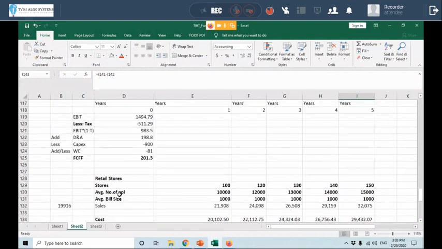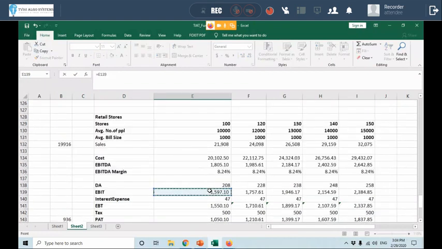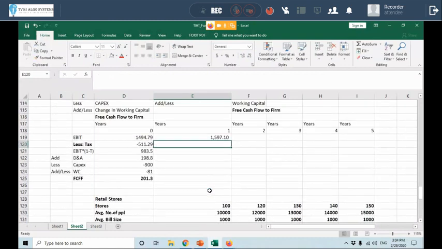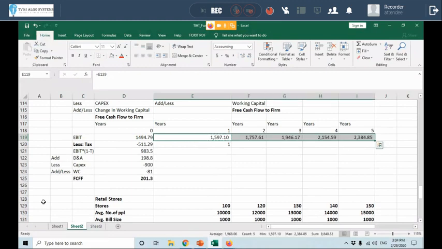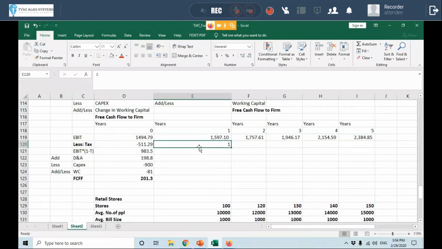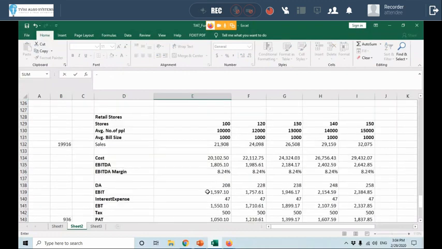Accordingly, this is my EBIT. I will fix all my figures over here. Let's try and do that. Is equal to EBIT. I'm filling everything. EBIT less my taxes.